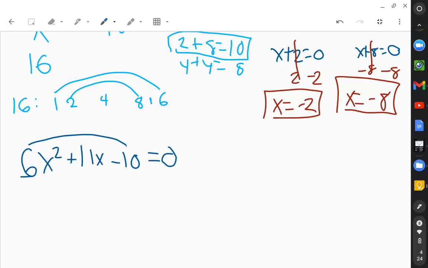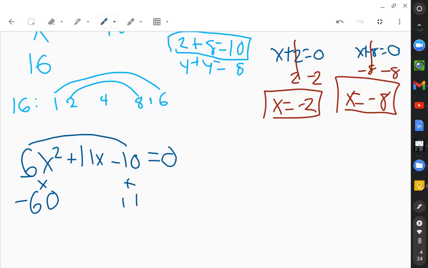So 6 times negative 10 is going to equal negative 60. So think about what two numbers multiply to negative 60 that add up to 11. Now here, since we're multiplying two numbers that give us a negative number, we're going to get one number that's positive and one number that's negative.